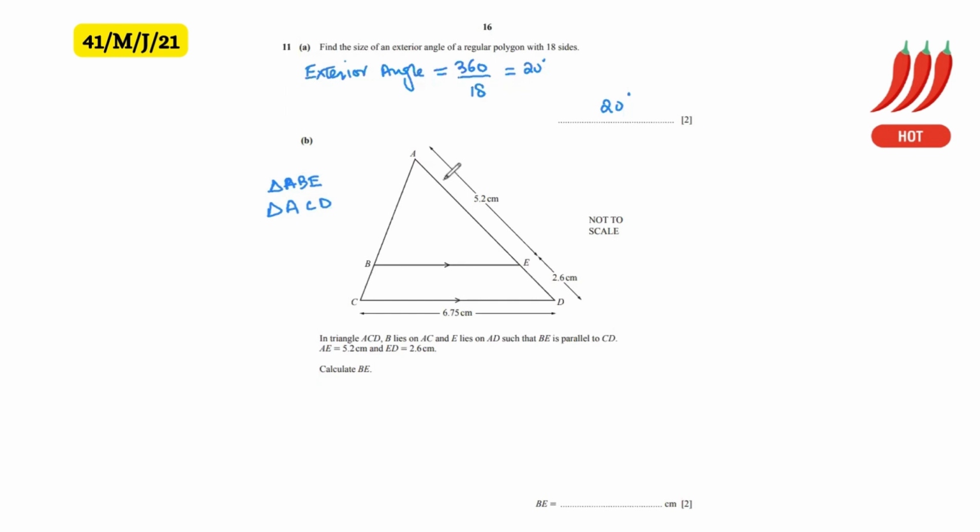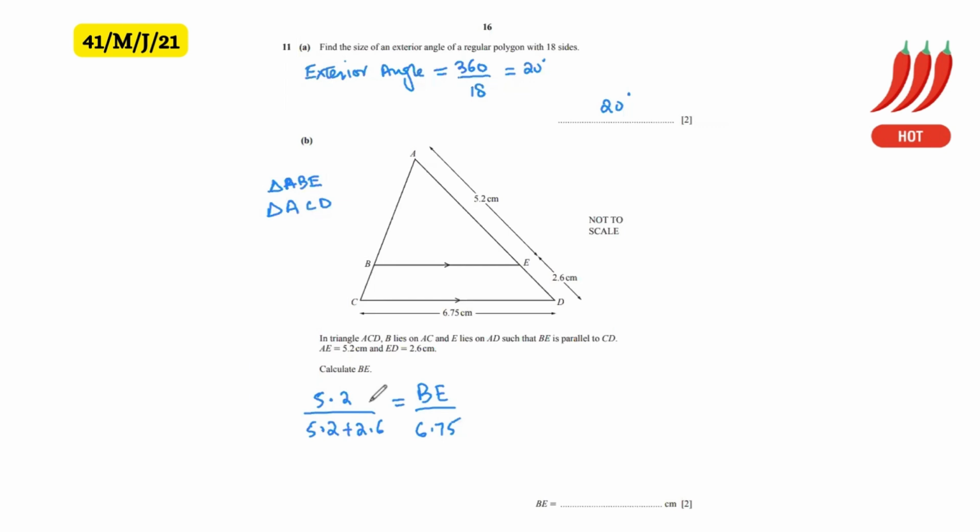So we can easily find the scale factor by which the lengths are enlarging. So we can do 5.2 divided by 5.2 plus 2.6. That would equal to BE over 6.75.